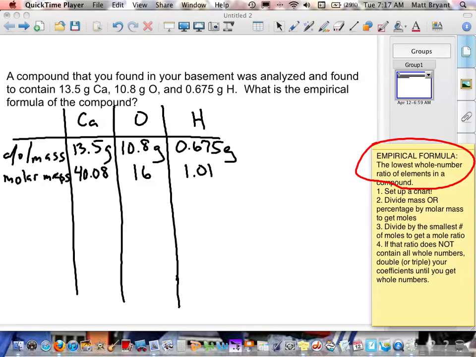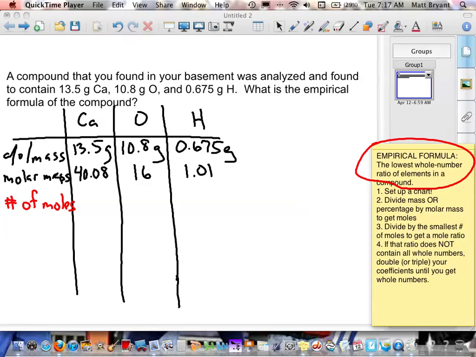Once we look these up, we're actually going to figure out the number of moles. That's the next step. And I'm going to put this in red because it is a rather important step, because this is one of the steps that we need to take to get a mole ratio. So, if we're given a mass and we have the molar mass, we can use those to figure out the number of moles. As we learned several weeks ago, anytime you're given a mass in grams, the conversion factor that you're going to use to convert to moles is, in fact, the molar mass.